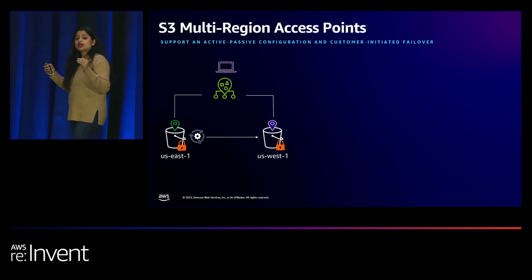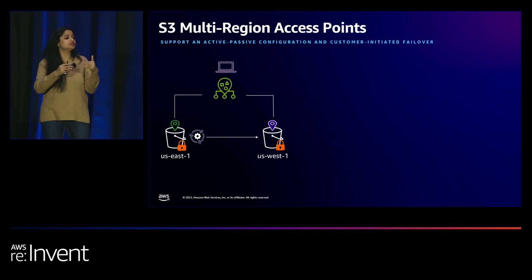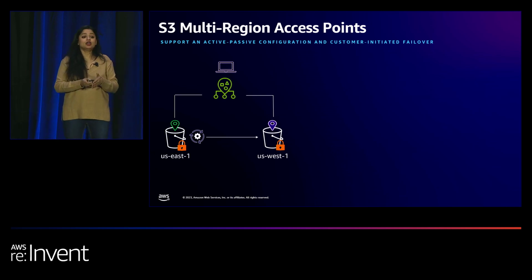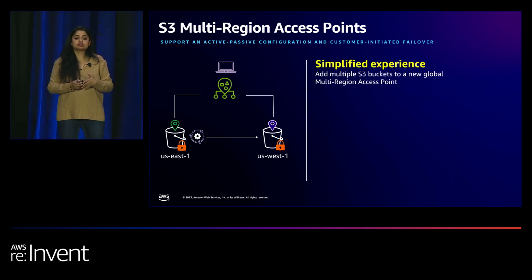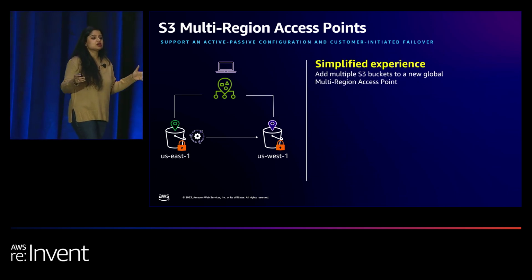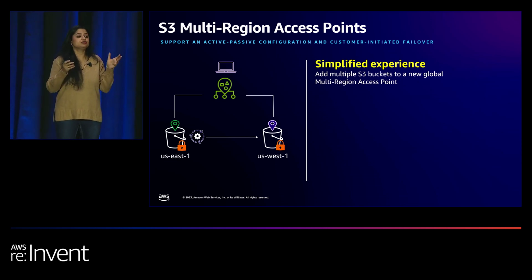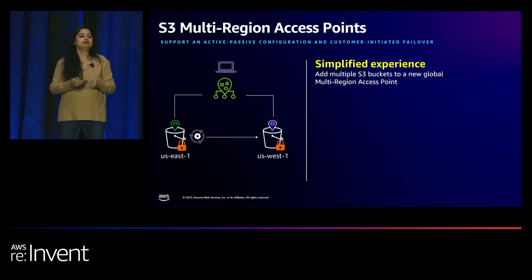S3 replication works independently of this feature under the hood to keep your source and destination buckets in sync. But paired with S3 replication, S3 multi-region access points provide an advanced traffic management system for automated failover in case of any disruption. Using S3 multi-region access points vastly simplifies the creation and maintenance of multi-region storage solutions by adding multiple buckets to a single global endpoint.